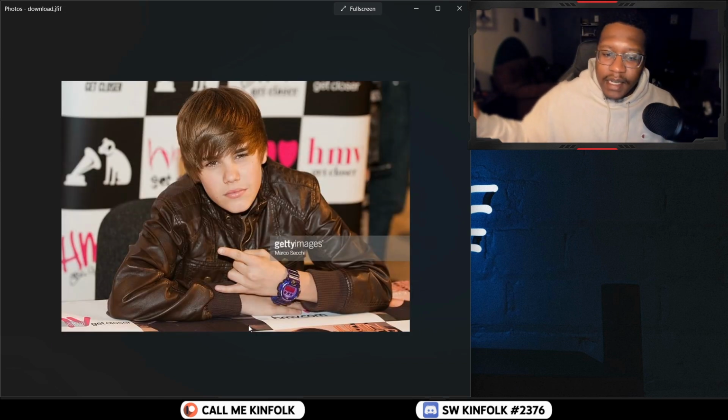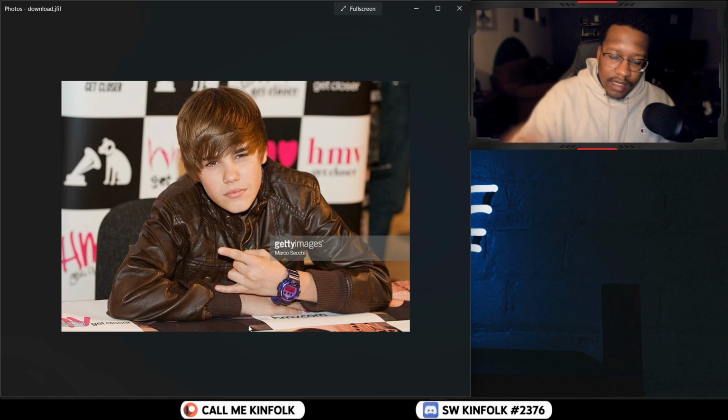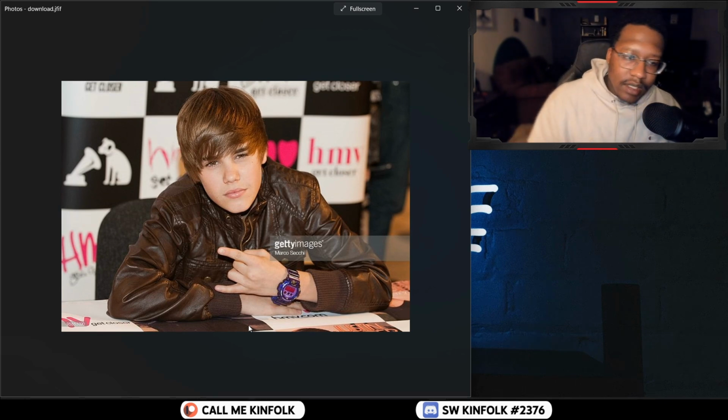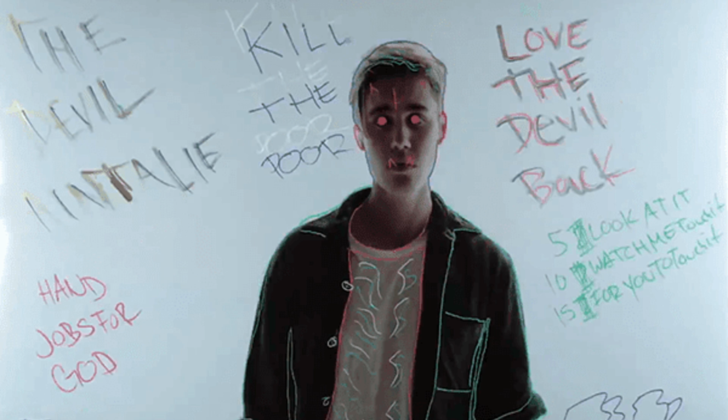Justin Bieber, another one that was created at birth. They already knew what he was gonna do as well. He was another one that was selected, chosen at birth to deceive you as well. And notice the checkerboard pattern in the background, and he throwing up the devil horns. And it's a funny thing about Justin Bieber.